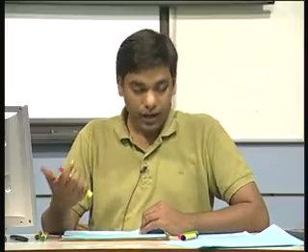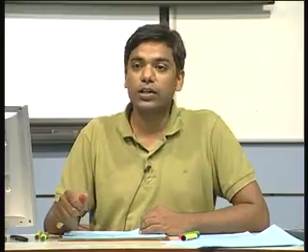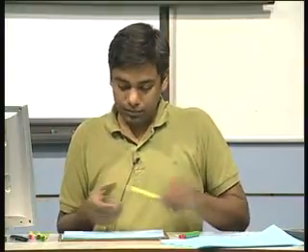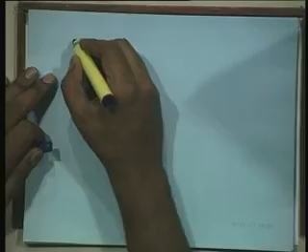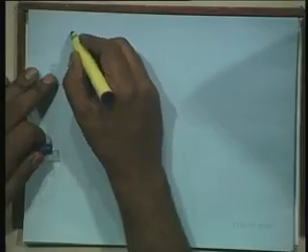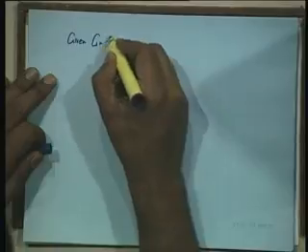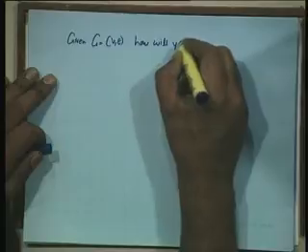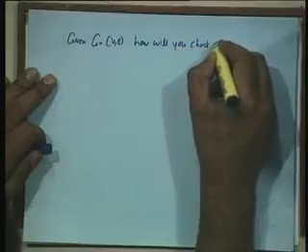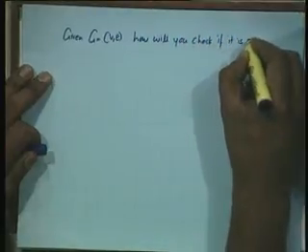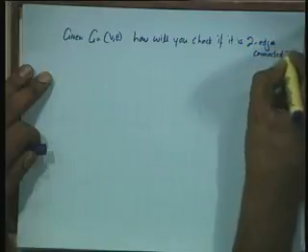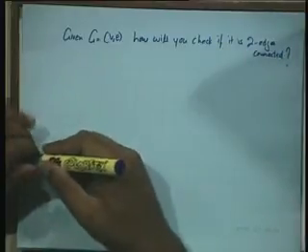So, now the question is the following: I give you a graph and I ask you, is it 2 edge connected? How will you check if it is 2 edge connected? Anyone?